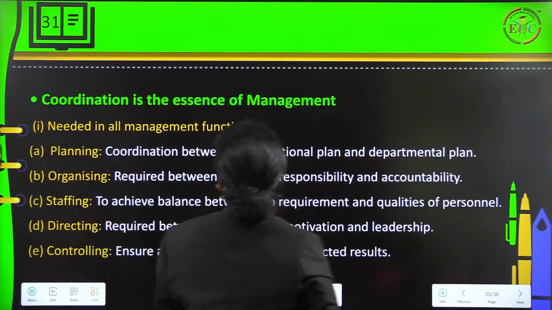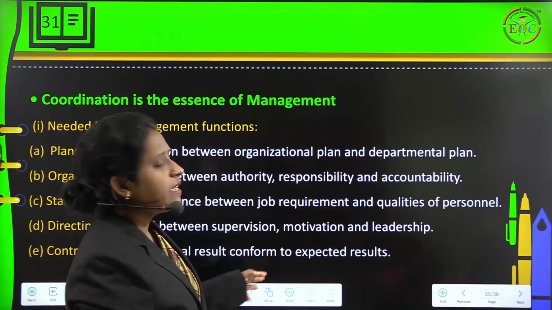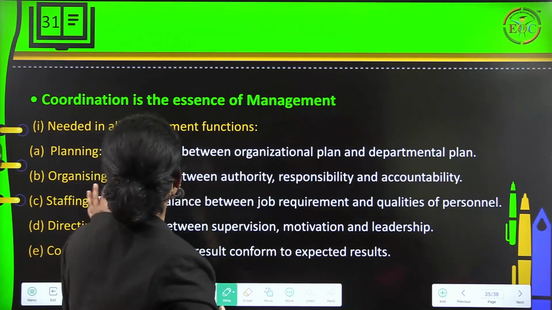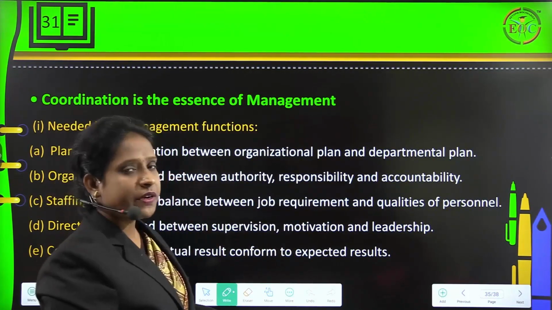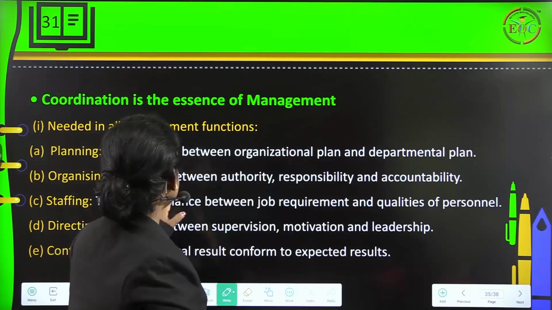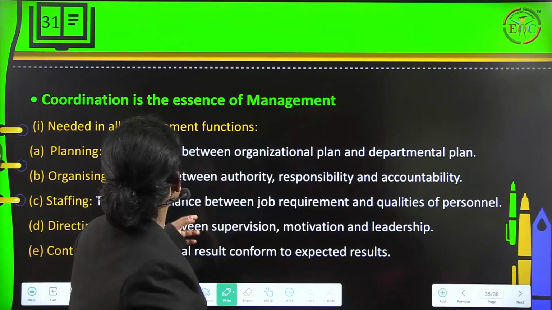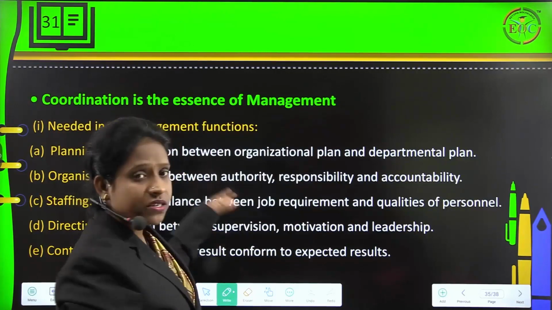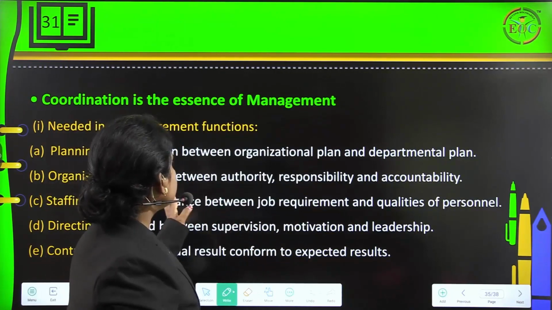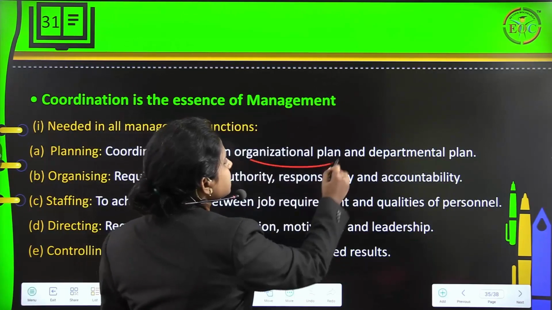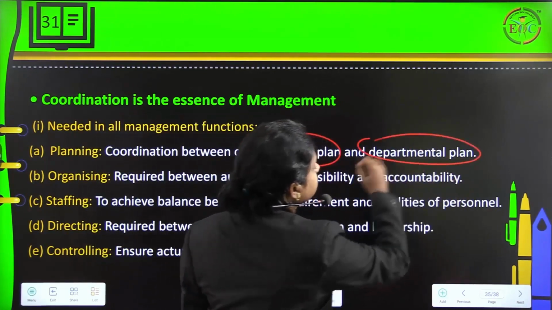Fine. Then coordination is the essence of management. Under this, it is needed in all the management functions: planning, organizing, staffing, directing and controlling. So let's quickly revise it. Planning is what? Coordination between the organizational plan and the departmental plan.